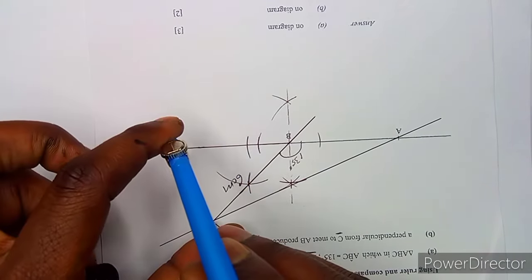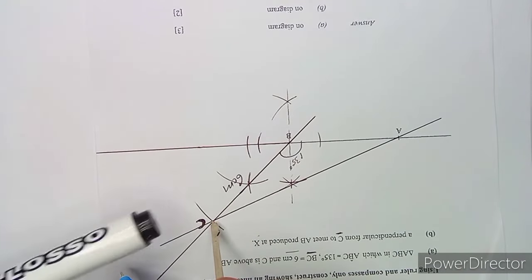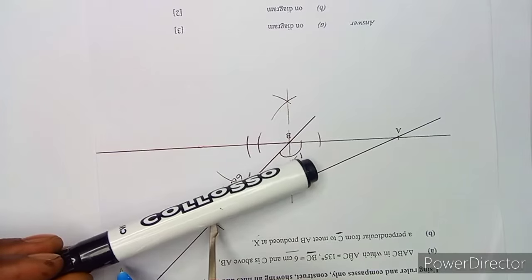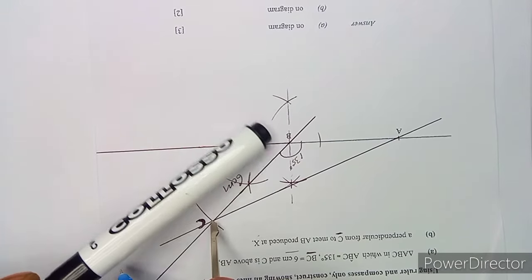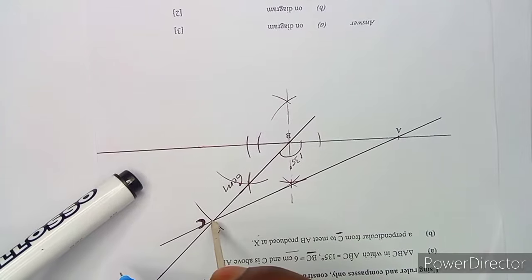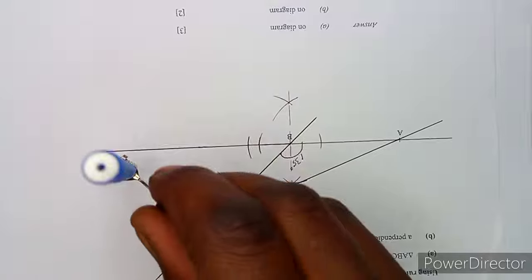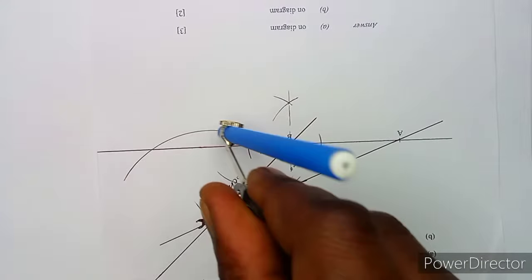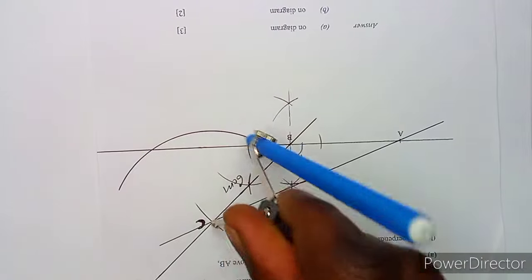Okay, you construct an arc that is going to cross the line AB at two points. That is how the arc is supposed to look like. It's supposed to cut this line at two positions. That is something like this, guys. All right, that's our arc here.